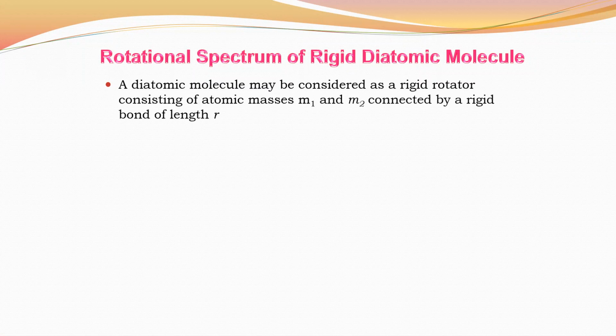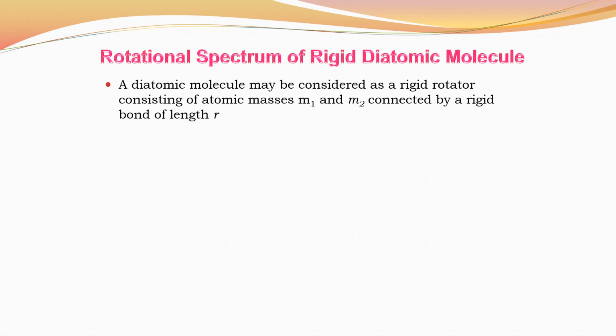A diatomic molecule may be considered as a rigid rotator consisting of two atoms having masses m1 and m2 connected by a rigid bond of length r.